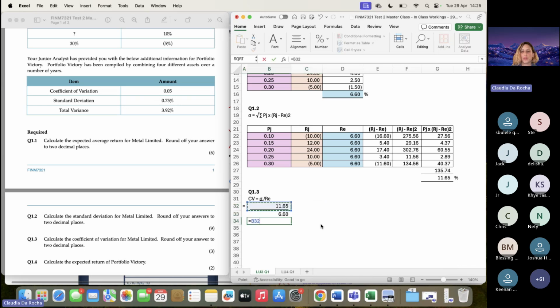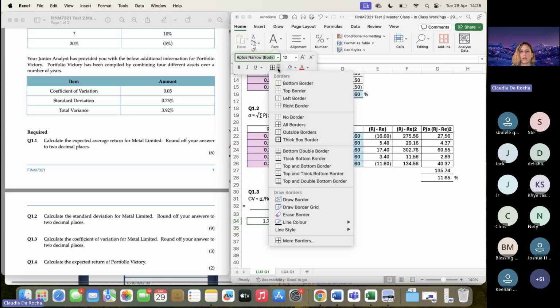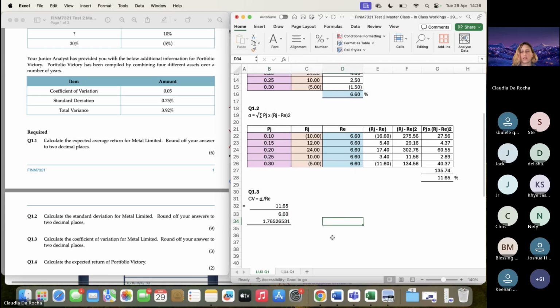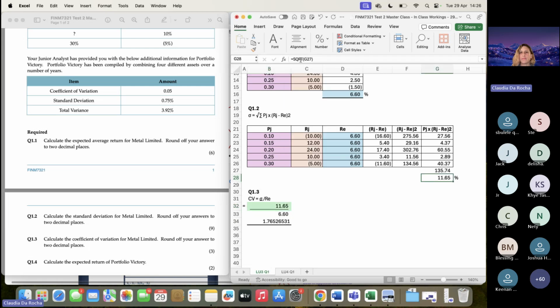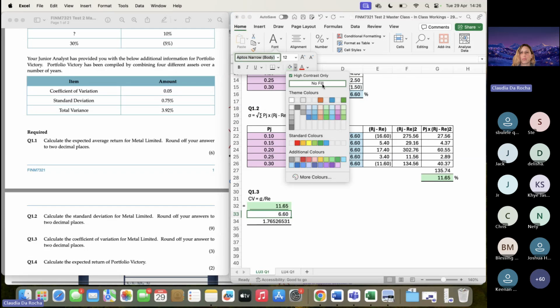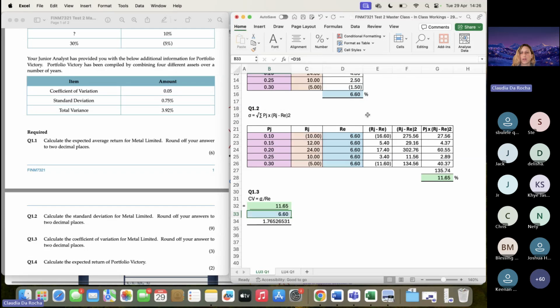Okay, so we solve for that divided by that gives me my answer. So this number we get from here, and then this number we get from the same place as the blue. That's where we got it from. So it's a carryover.